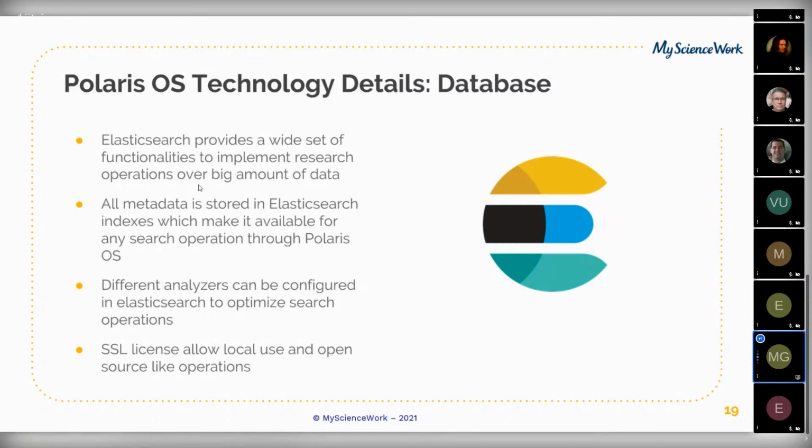And we consider that Elasticsearch can be used for more than just searching as a search engine. We consider it can also be used as a storage of the metadata, and that's what we are doing at this point. That allows us to have data only once, so we don't need to replicate it.